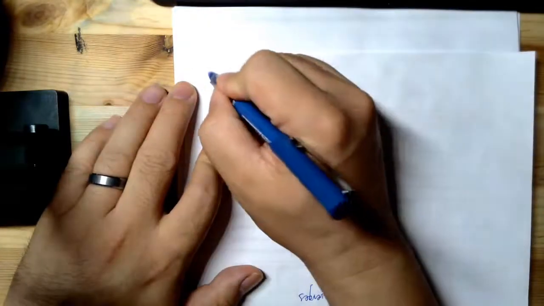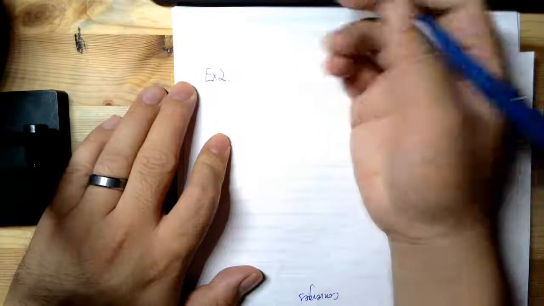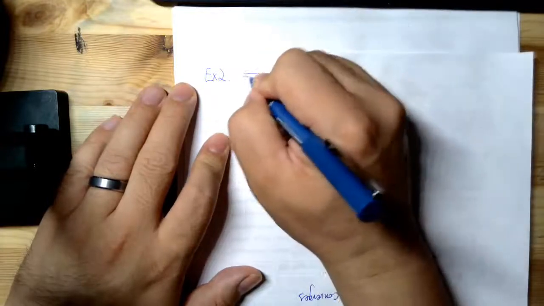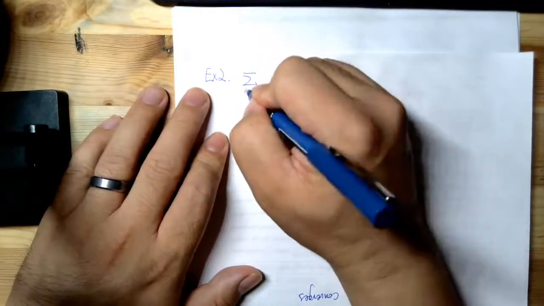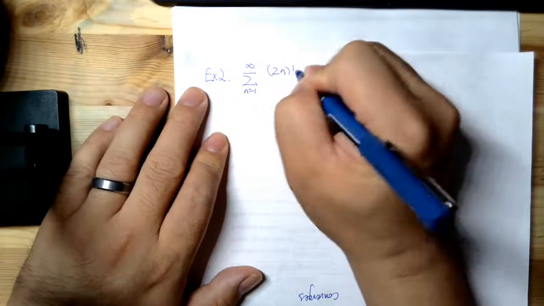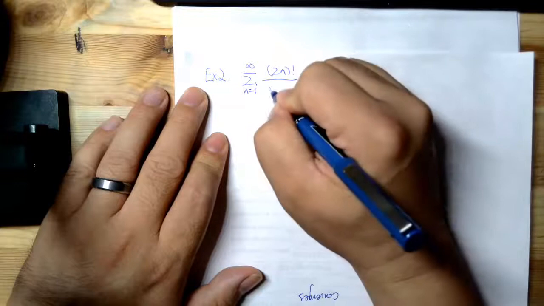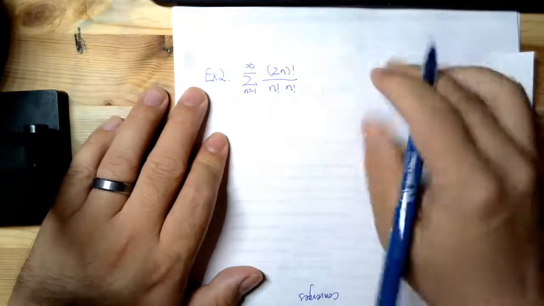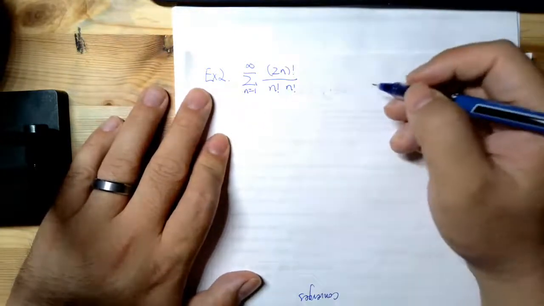Well, now let's look at another example. So let's see, example 2. I have, let's say, the series of (2n) factorial over n factorial times n factorial. Okay, so this is a series.